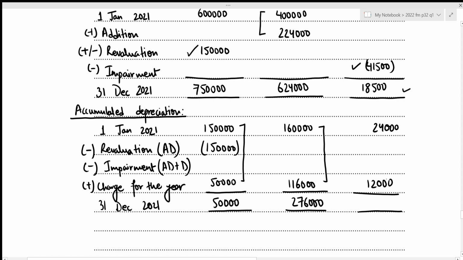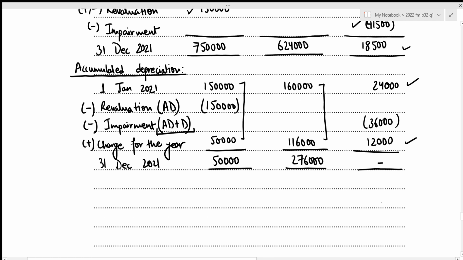And like I said before, whenever there is a case for impairment, we require our ending date accumulated depreciation to be 0. And in order to make that so, we just subtract our accumulated depreciation as well as the depreciation charge, which is 24,000 plus 12,000, which results in 36,000. And after subtracting this amount, our ending date balance is going to be 0. Okay, this concludes the second section.